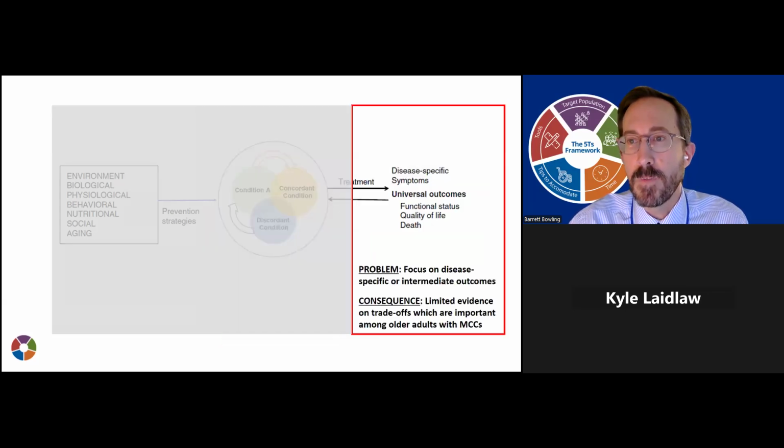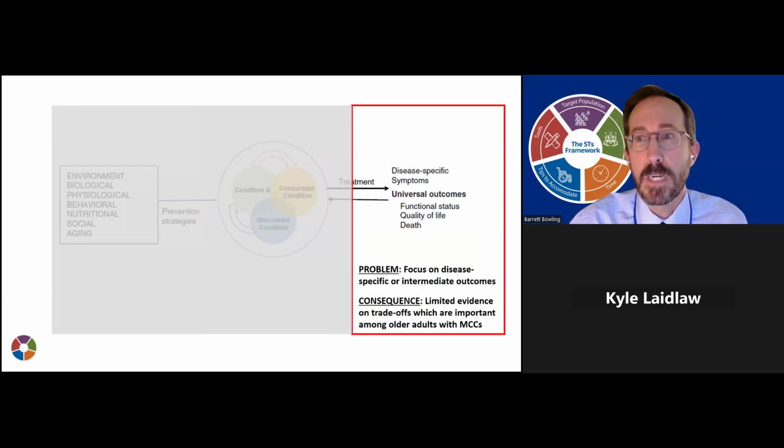And the last part of the conceptual model is thinking about what outcomes are measured. There's a real problem that clinical trials focus on disease-specific, or in some cases even intermediate outcomes. And so a consequence is that there's limited evidence to help guide the discussions around trade-offs, which are really important among older adults. Does treatment of this condition make this other condition worse?